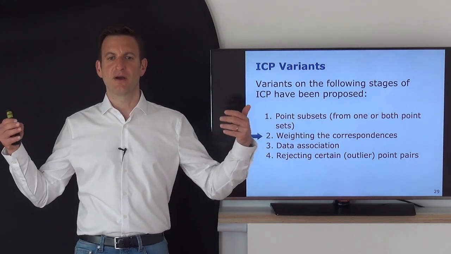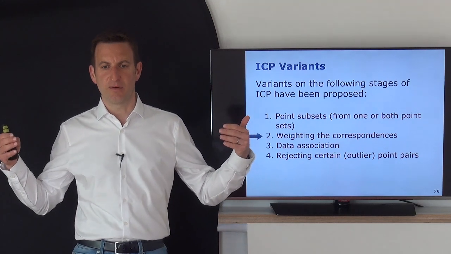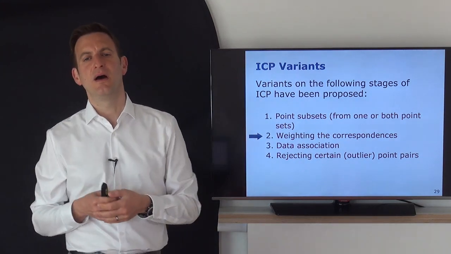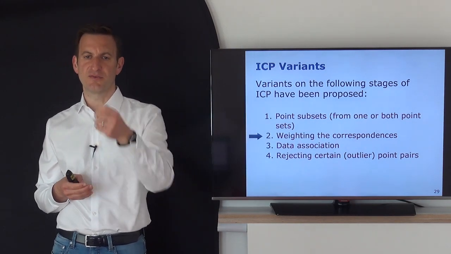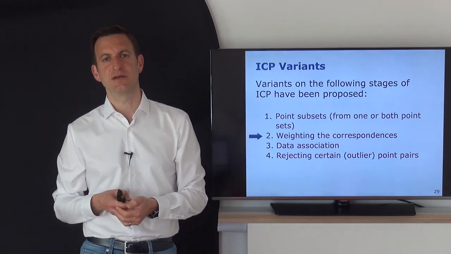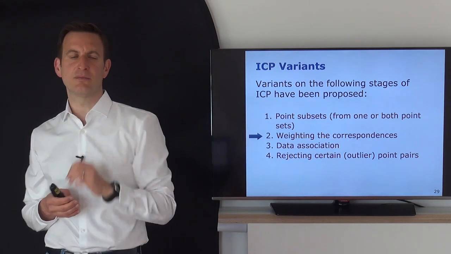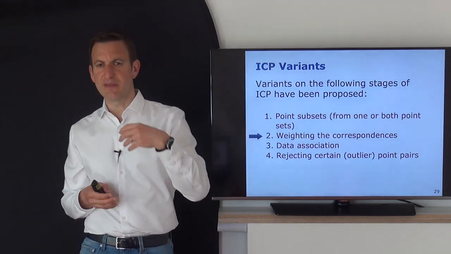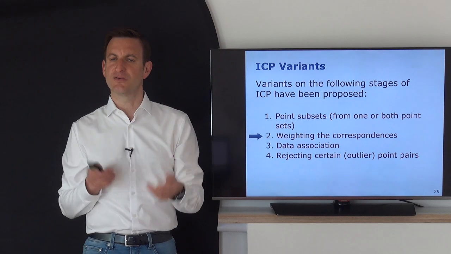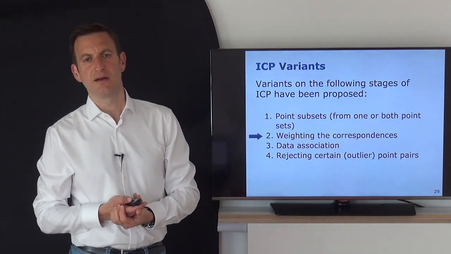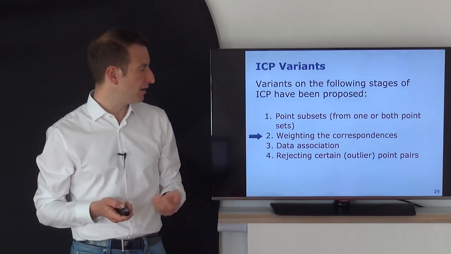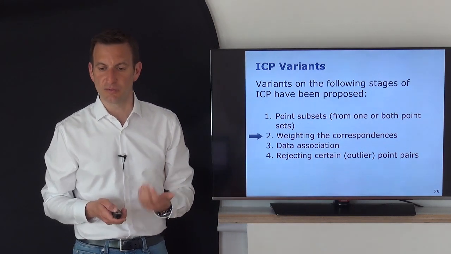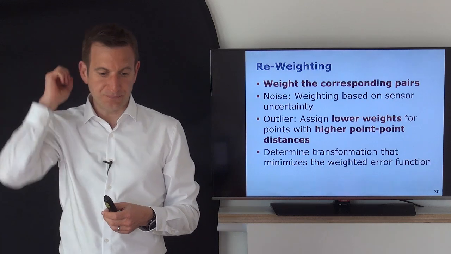In a stereo camera, you have the setup that the points which are further away from the camera have a higher uncertainty with respect to their position, especially with respect to their depth component. And so you might want to give them a smaller weight if they're further away, because you simply can't determine their X, Y, Z position as accurately as you can for points which are closer. So you want to give them a lower weight.